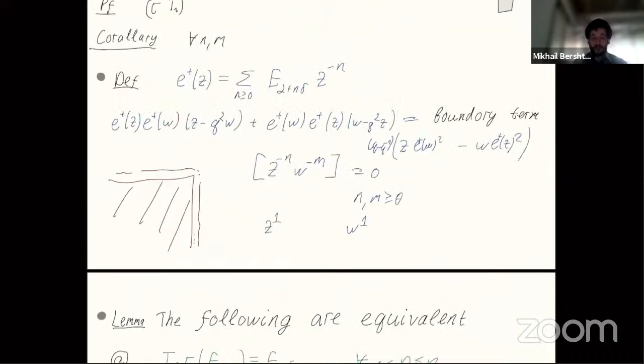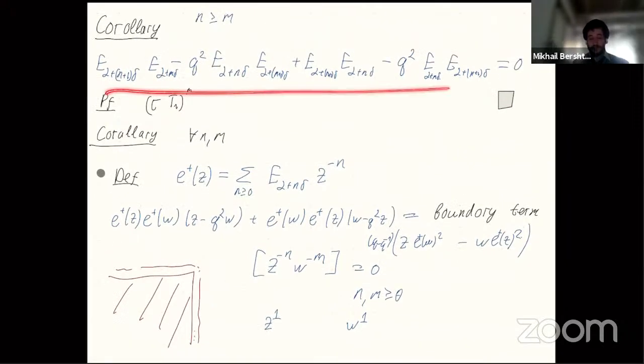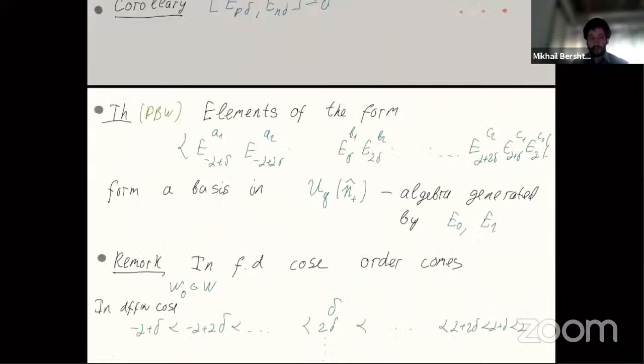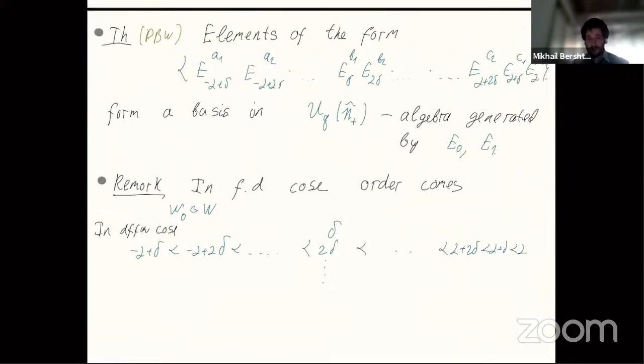Using this relation, you can either reorder them or move them close to each other, and then again reorder. So this PBW theorem follows from the relations which we partially found, and I'll give you the rest in full slides. Okay, I'm 7 minutes over time, so questions?